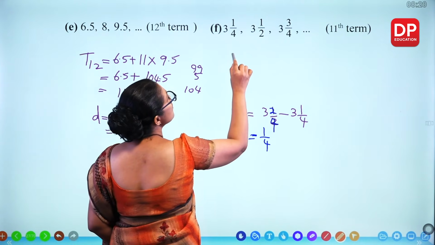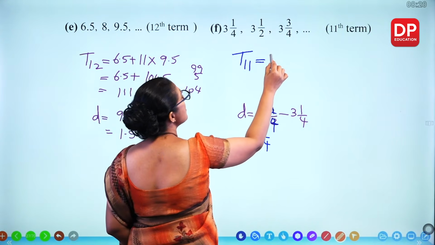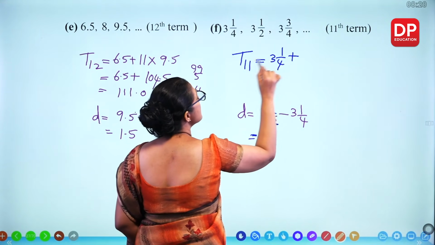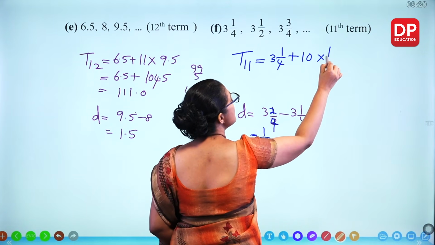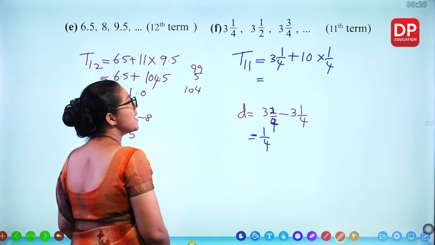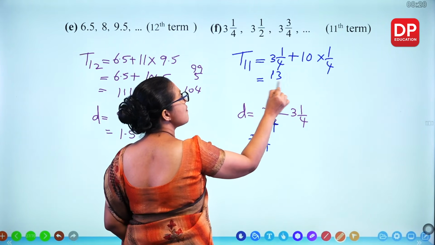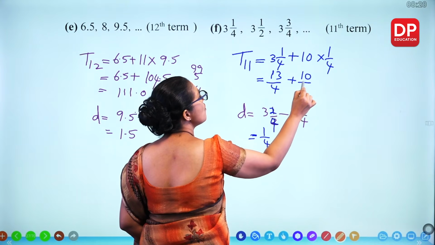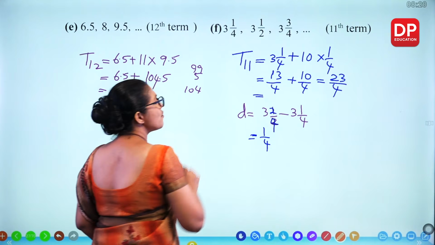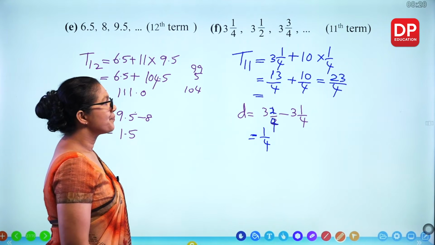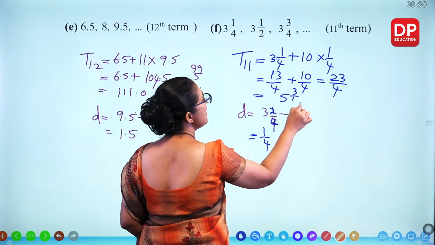So we need T11. What's T11? First term plus 11 minus 1, 10 times D. D is 1/4. So make it to an improper fraction. 4 times 3, 12 plus 1, 13 divided by 4 plus 10 over 4, 23 over 4. When you write as a mixed number, what's the value? 5 3/4.